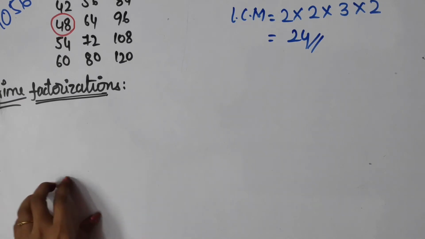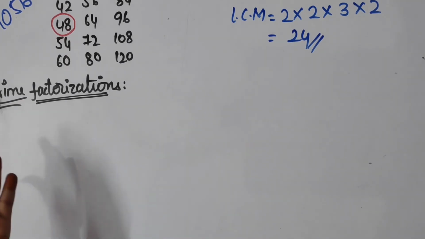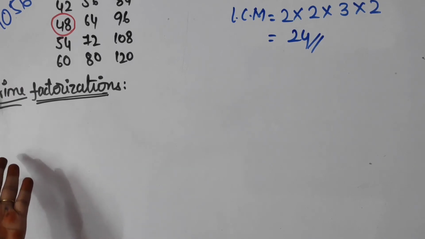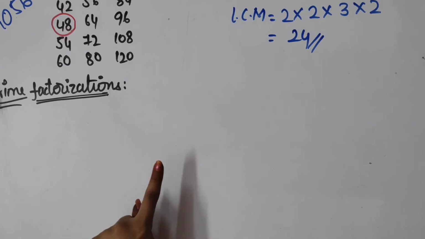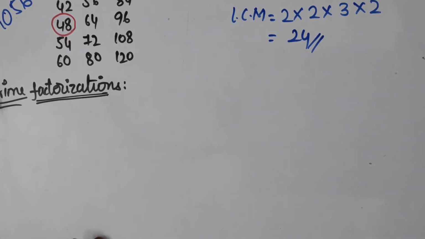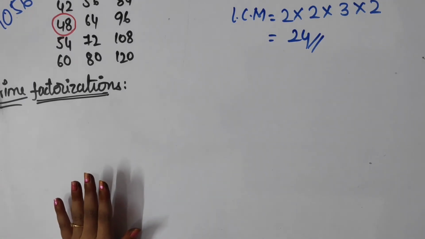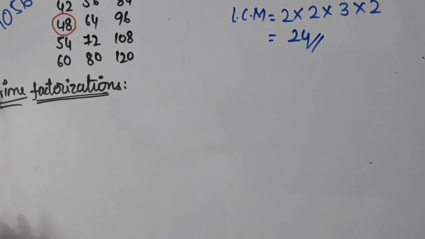Let's see 2. 2 is divisible by only 1 and 2. When coming to 3, 1 and 3 are the only factors. And let's take 11. 11 is only divisible by 1 and itself. So numbers which are divisible only by 1 and itself are known as prime numbers.